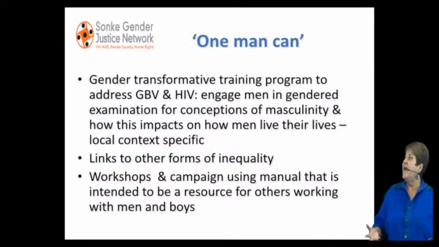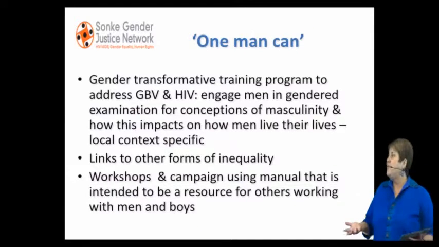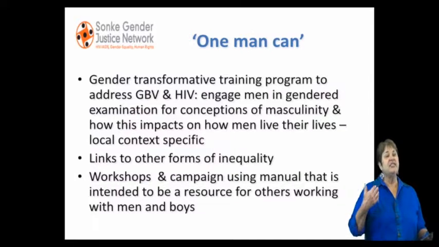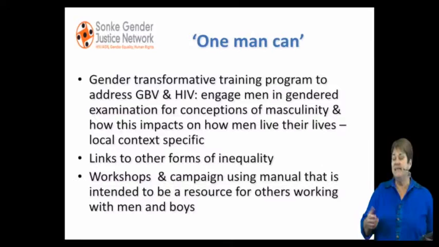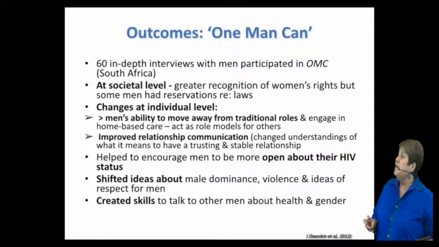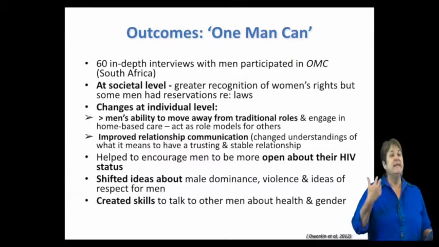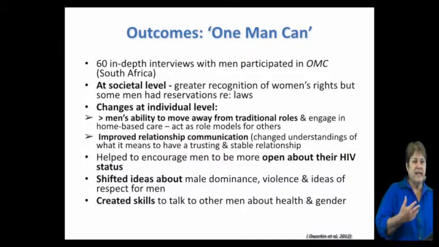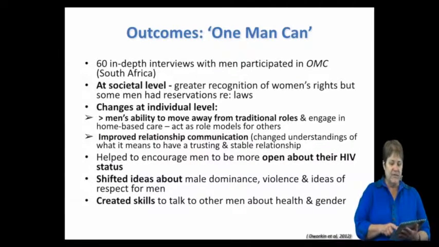So seeing men as most often the perpetrators of violence, what they aim at is gender transformation in how men see themselves as men. They do involve women, but it's primarily working with men. So again, we need to look at, is that the right thing to do? To what extent should one be involving women as well?